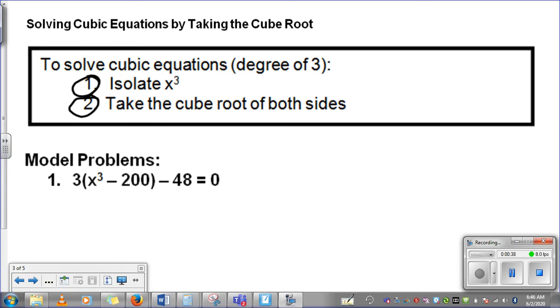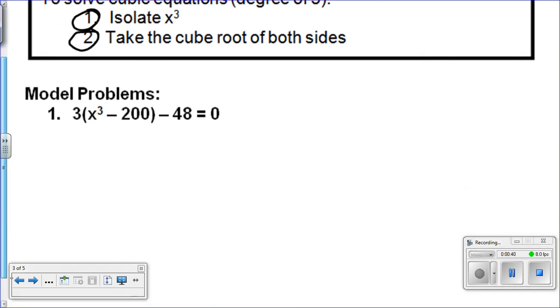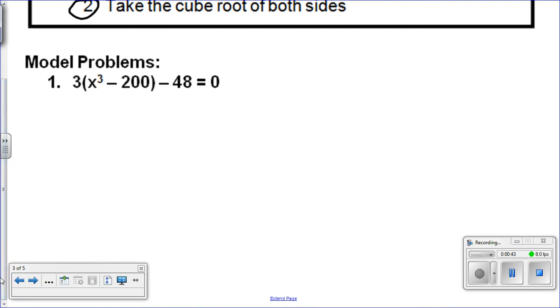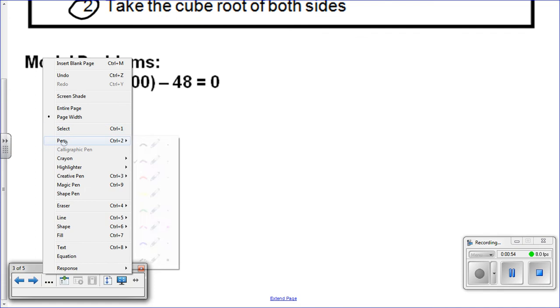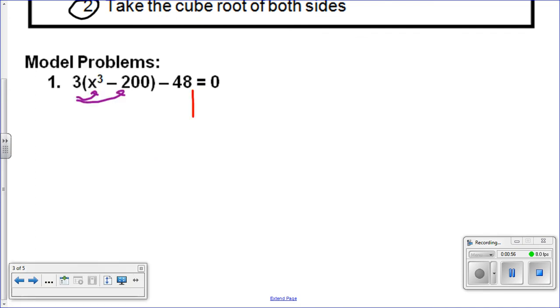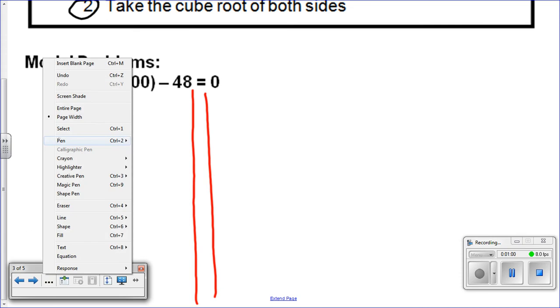Okay, in model problem number 1, we're going to solve just like we would any other normal equation. We'll ignore the fact that it's an x to the third power until the very end. So your usual steps. I know a lot of you like seeing these marks down the equal sign, so we'll put those back on there.